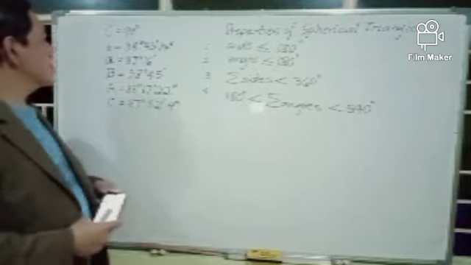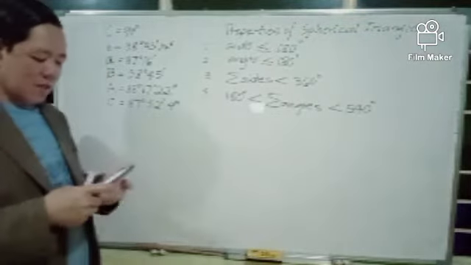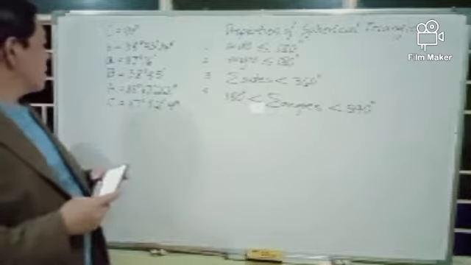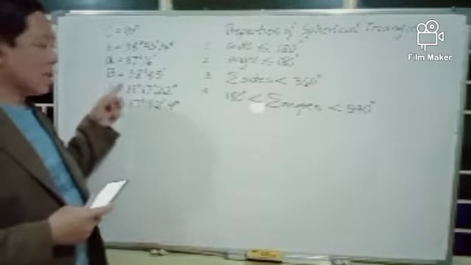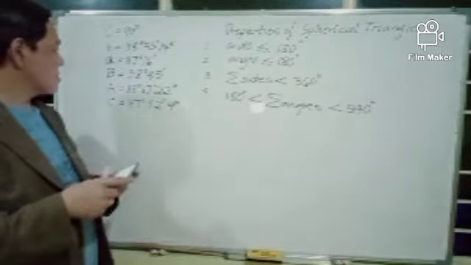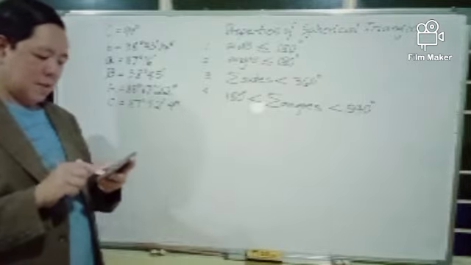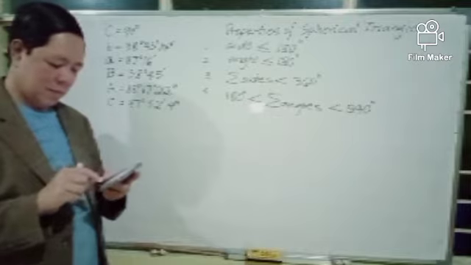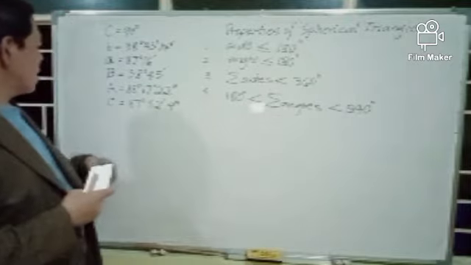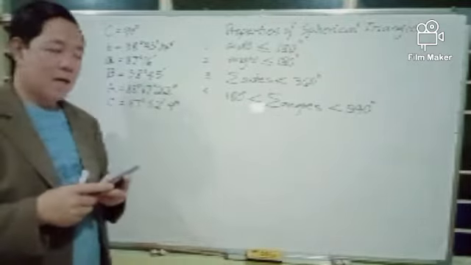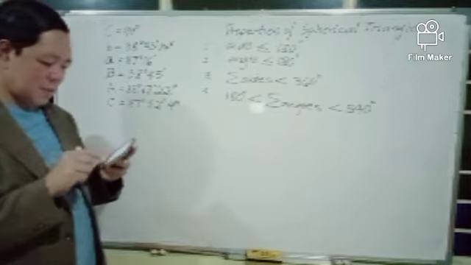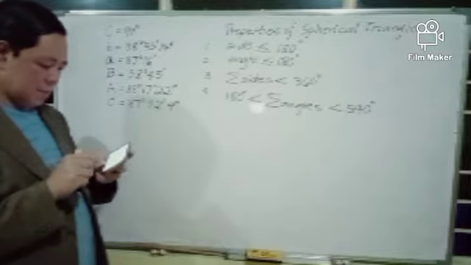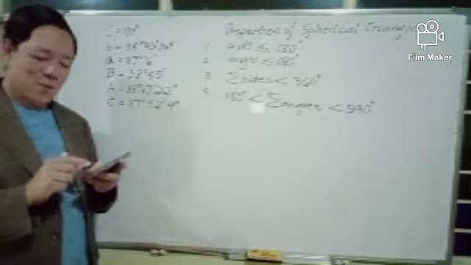The right angle at C equals 90 degrees, plus the angle capital B, 38 degrees and 45 minutes, and our angle capital A, 88 degrees 17 minutes and 22 seconds.